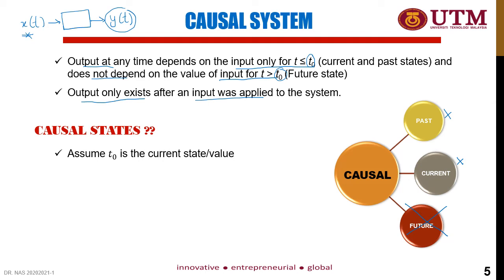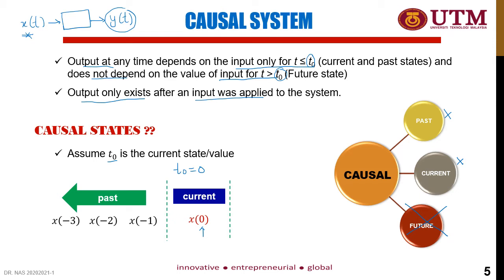To determine whether the system is causal or not, you need to identify a few components inside the equation. Now assume the current state is given as t0. So assume t0 equal to 0. So this is your t0, this is your current state.